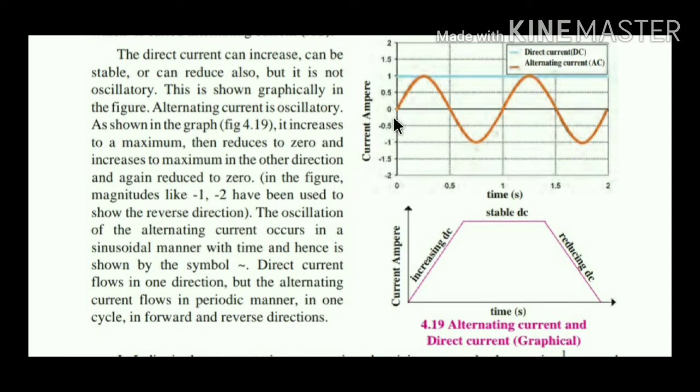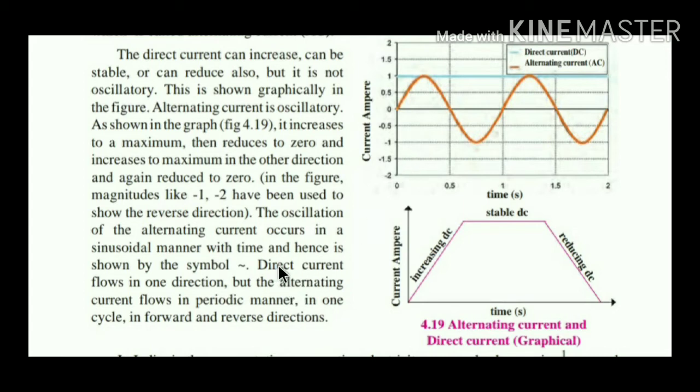So the minus signs are for the reverse direction. The oscillations of the alternating current occur in a sinusoidal manner with time and hence are shown by this symbol. This is the symbol of alternate current. Sinusoidal manner means like this wave we can show the alternating current.